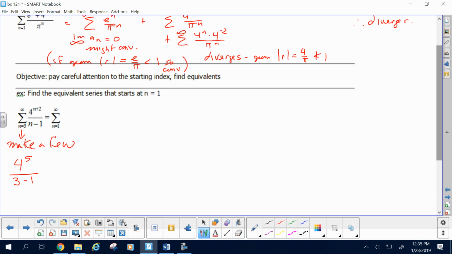So that means if it starts at 1, then we need this to be 4 to the... Okay, so you need to have some rule here, right? n something. And you want it to make a 5, and 1's going in. So it needs to be n plus 4. Check to verify, does that make sense that if n equals 1 goes in, you get 4 to the 5th? Yes.